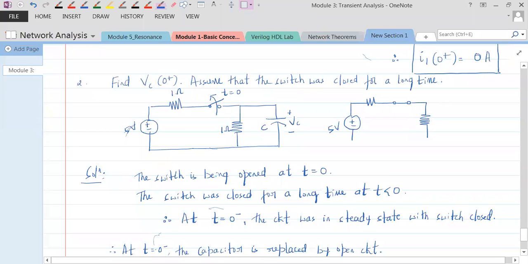And when the switch was closed, the capacitor is replaced by the open circuit, because with switch closed, the circuit was in steady state, isn't it? So the current will not flow, but the voltage drop would be there. And what is that voltage drop? It is Vc of 0 minus. This is 1 ohm. This is 1 ohm. So this is how the circuit will look like at t equal to 0 minus. Everybody understand that? Okay.